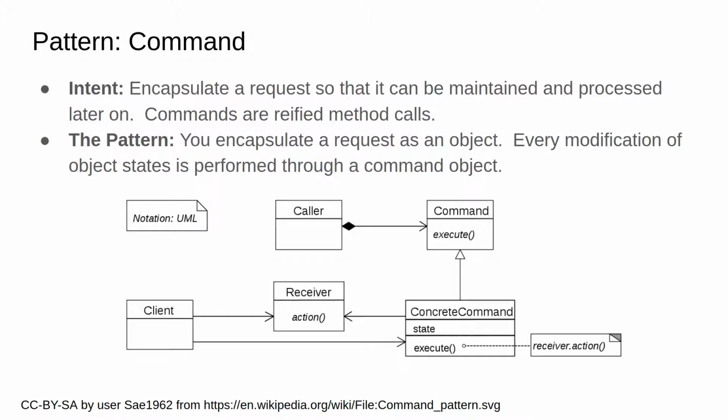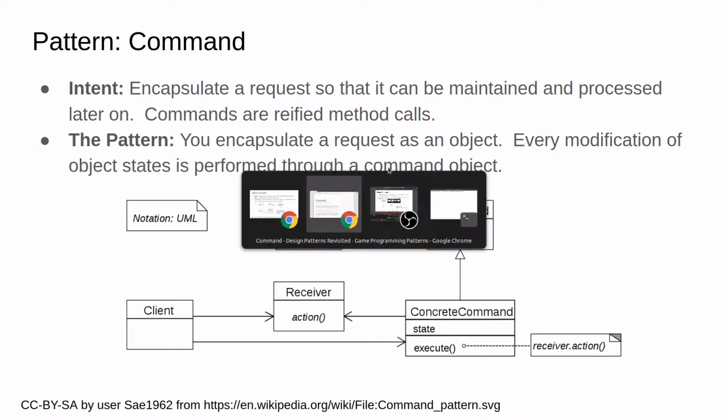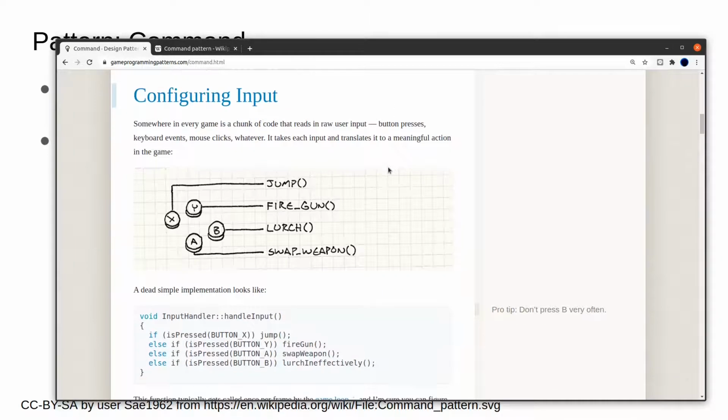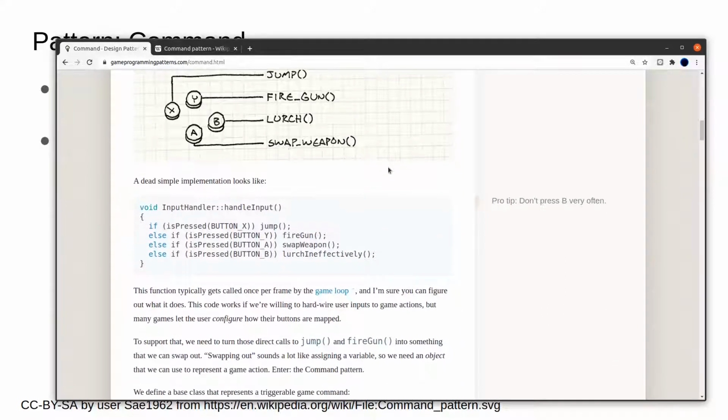Let me show you one example that demonstrates the usage of this pattern. The website shows you many nice examples of that. When you have an input, and you have a function associated with a particular button, then it's really hard to change the button mapping, right?